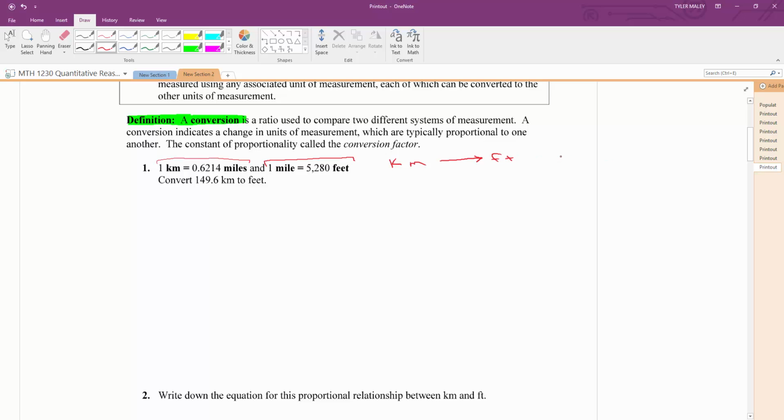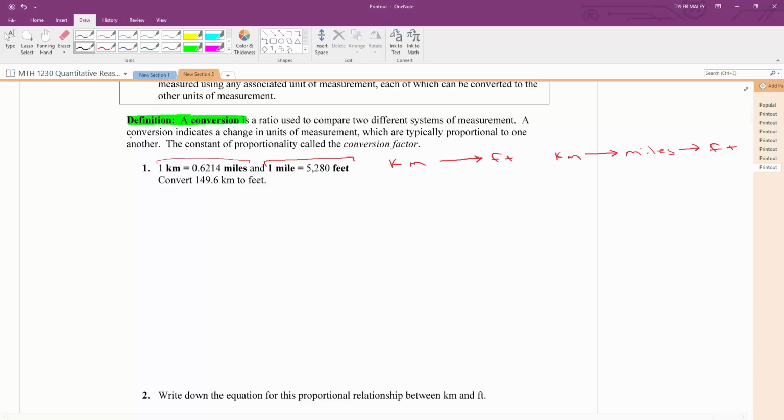So writing out our game plan, what we want to do is take our kilometers, convert this into miles, and then convert this into feet. That's our game plan, and that can be helpful before you start a problem, no matter if you use proportions or dimensional analysis, which I'm also going to do for this problem.